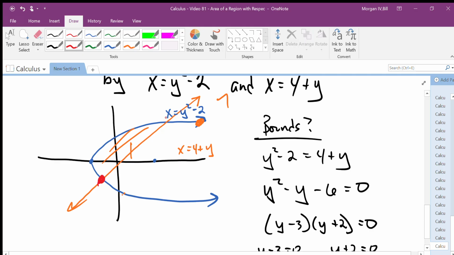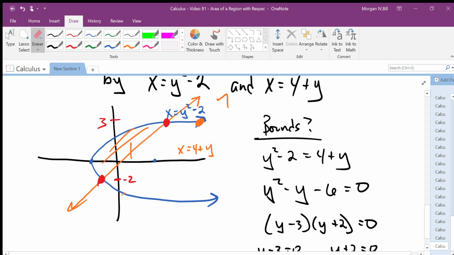Again, still not the best drawing, but you get the point. Okay, so what we're saying here is on the y-axis, we have -2 to 3. And now that I'm looking at it, maybe my first drawing wasn't so bad after all, because I went from x to y.